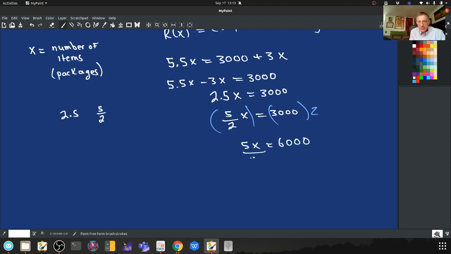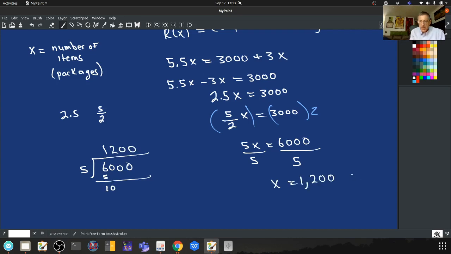And now all I have to do is divide both sides through by 5. 6,000 divided by 5. Well, 5 will go into 6 one time, and we're done. x is equal to 1,200 items. And what are our items? Those are packages. And I think that's our last one. Yeah, that's the last one.